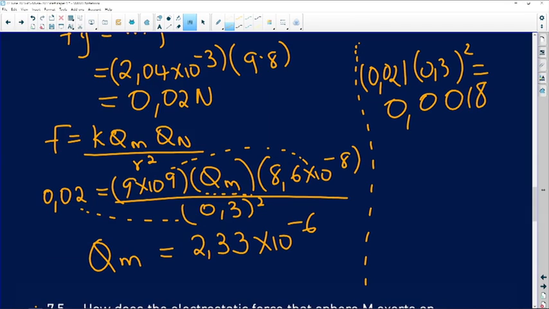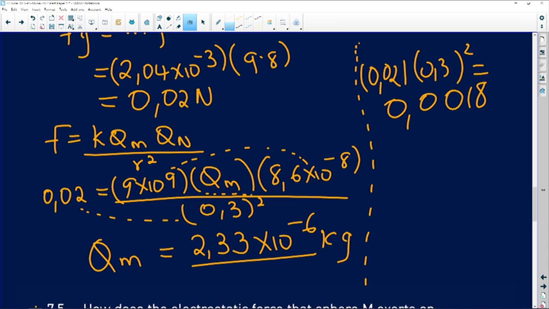Okay, and therefore if you multiply the two as well, you get the answer. You divide by that, and therefore it is going to give you your charge as 2,33 times 10 to the power -6. We can't forget the unit. It is kilograms.